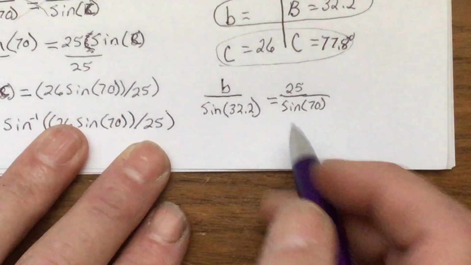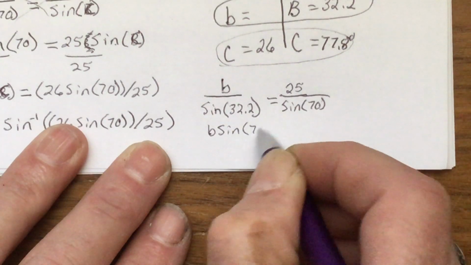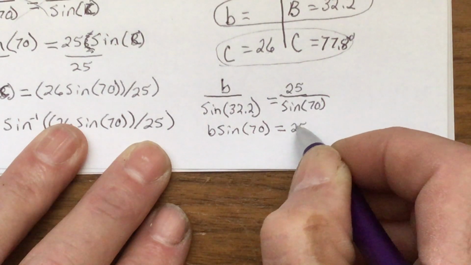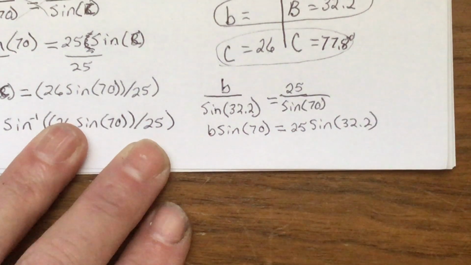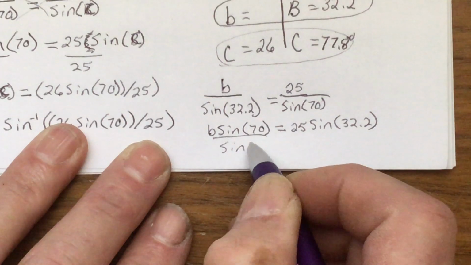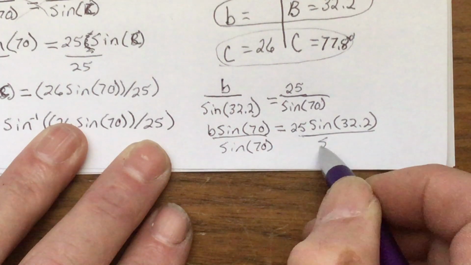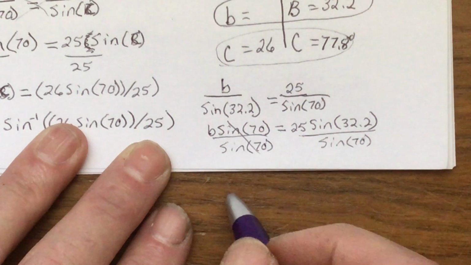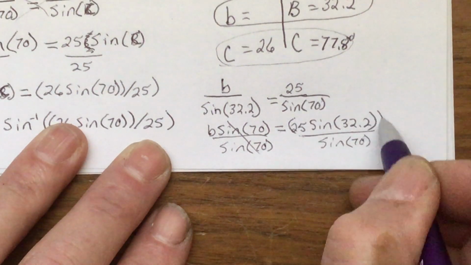Right, cross multiply. B sine of 70 equals 25 sine 32.2. Divide both sides by sine of 70. So B equals this right here.